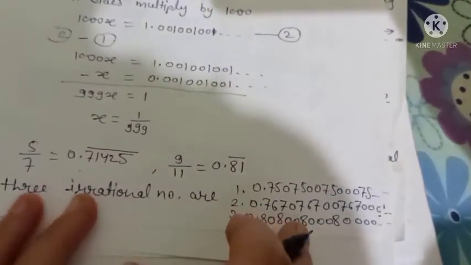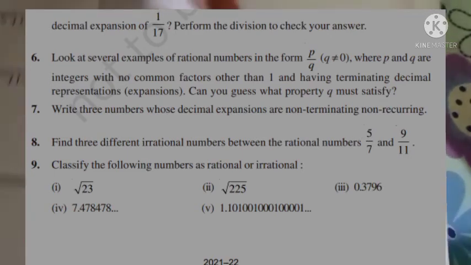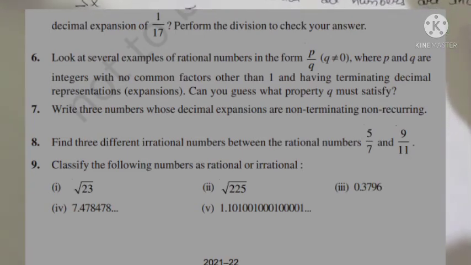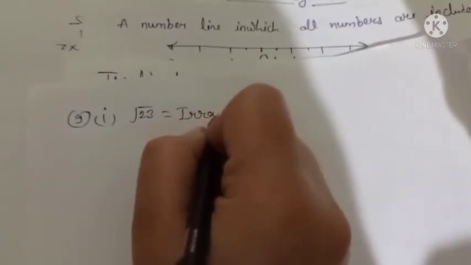Now come to the 9th question: classify the following numbers as rational or irrational. The first is under root 23. This is an irrational number.